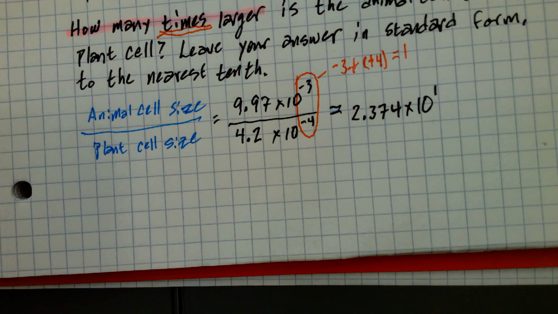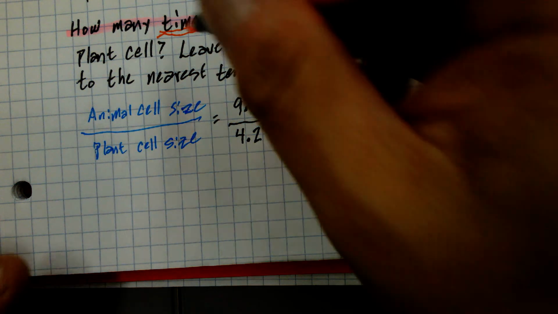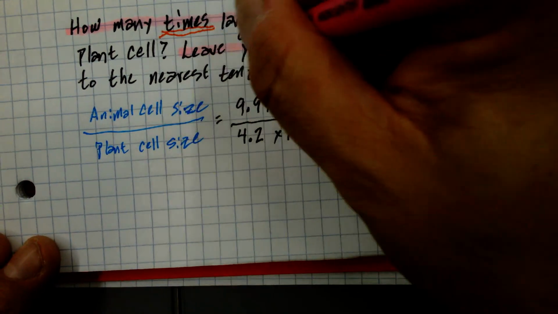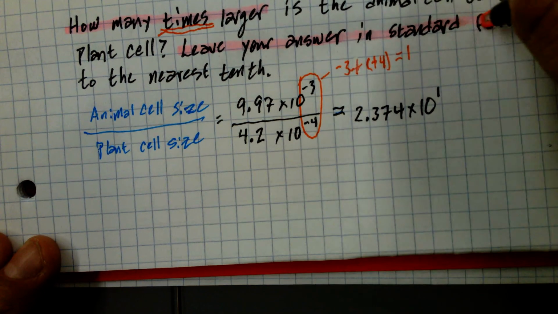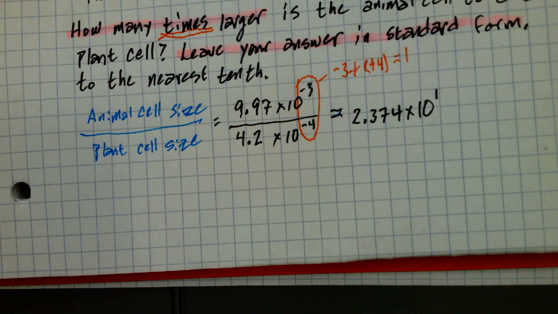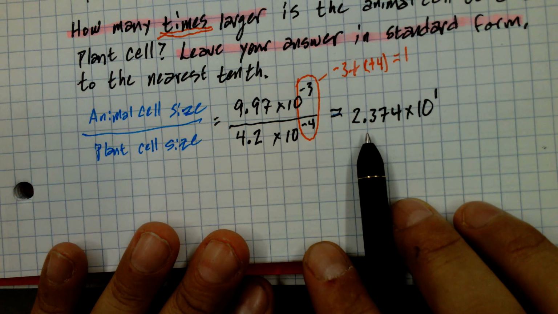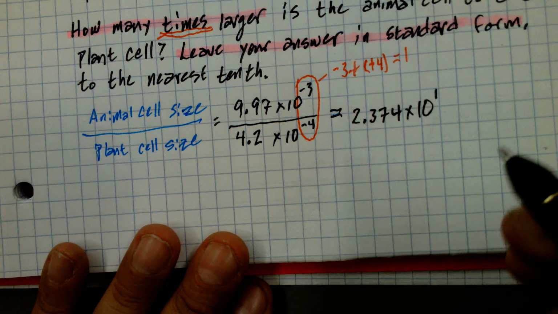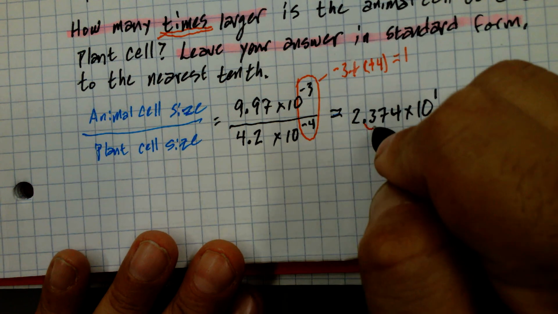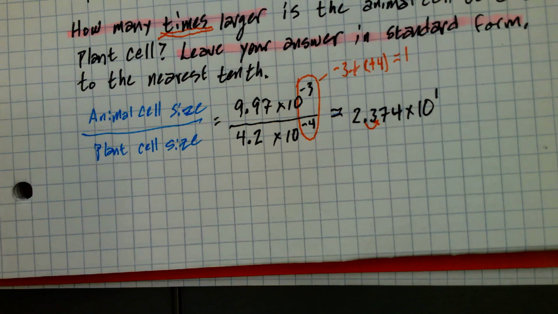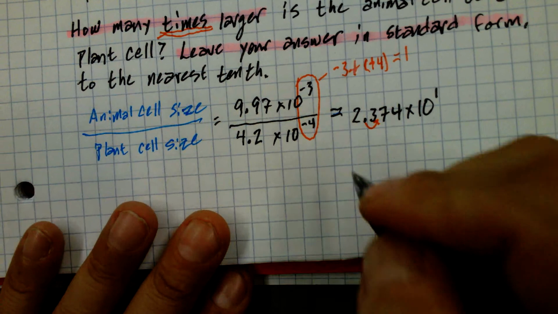Okay. This is in scientific notation, though. They also want us to leave your answer in standard form. So let's convert this. How do we undo the scientific notation stuff we did? We want to move the decimal over once so that this becomes 23.74.